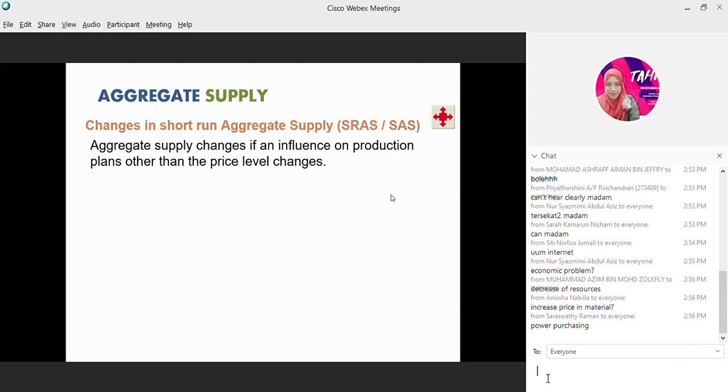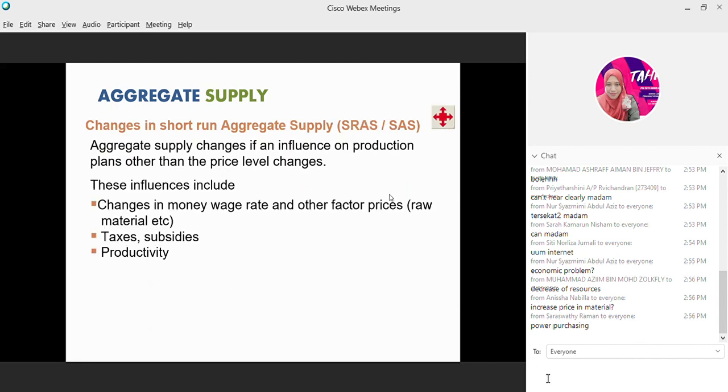I show you the factors first. This is what you answered just now: the increase in the price of material, a decrease in resources. It is all related to this one.